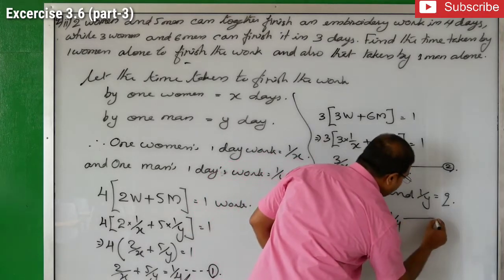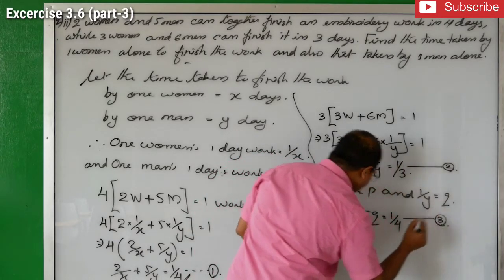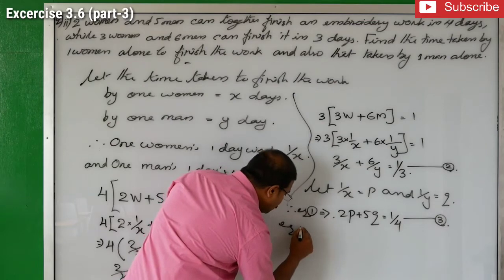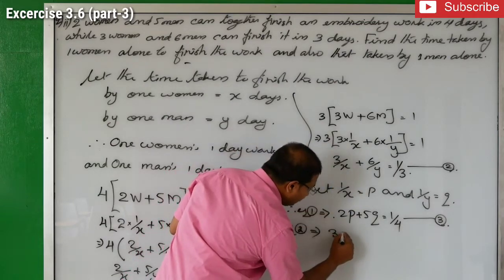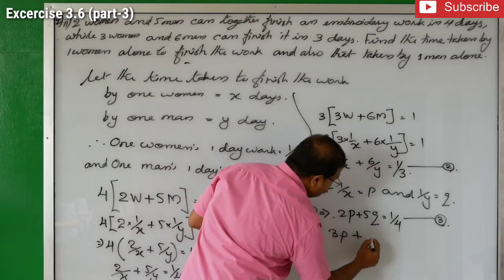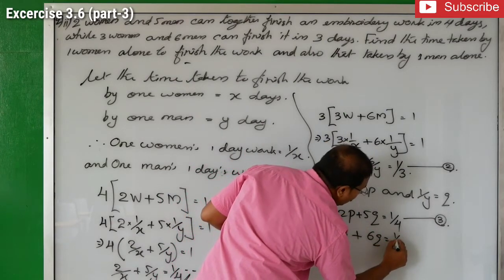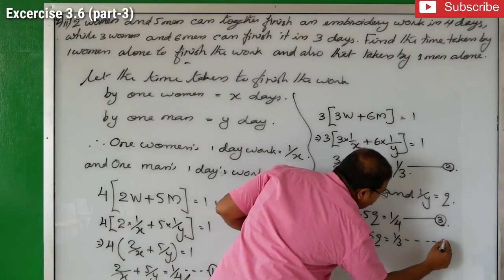That is equation number 3. After that, equation 2 will be 3p plus 6q equals 1 by 3. This is equation number 4.